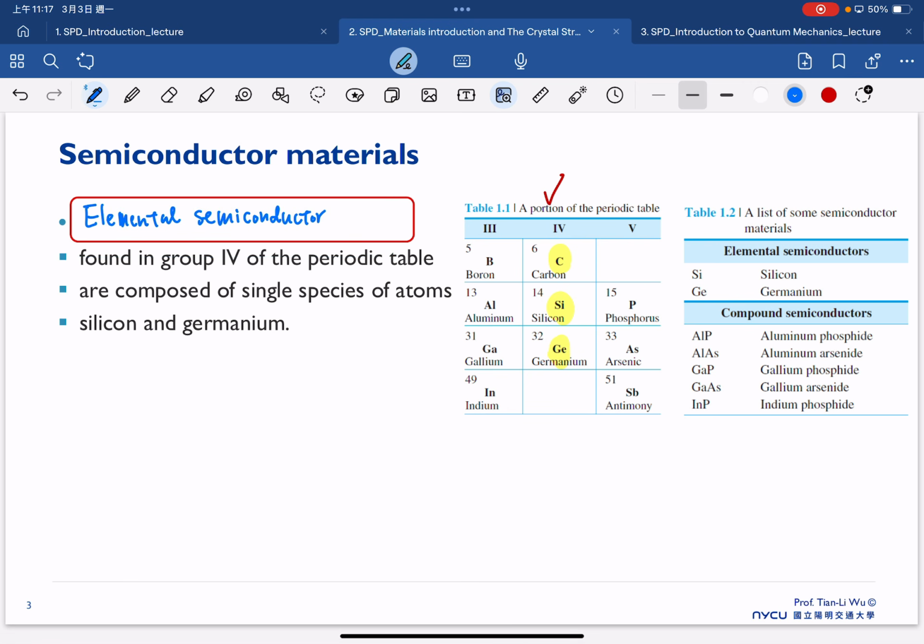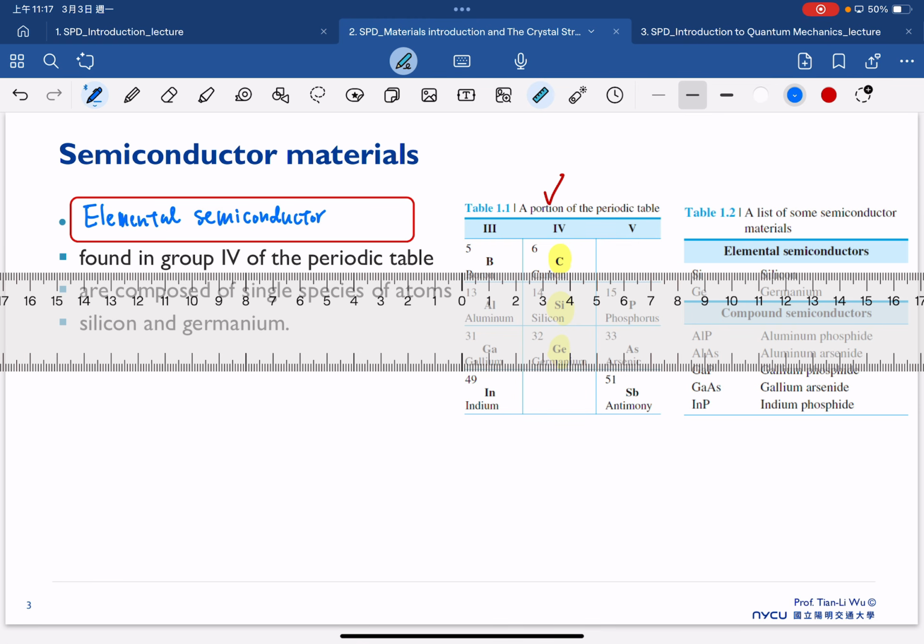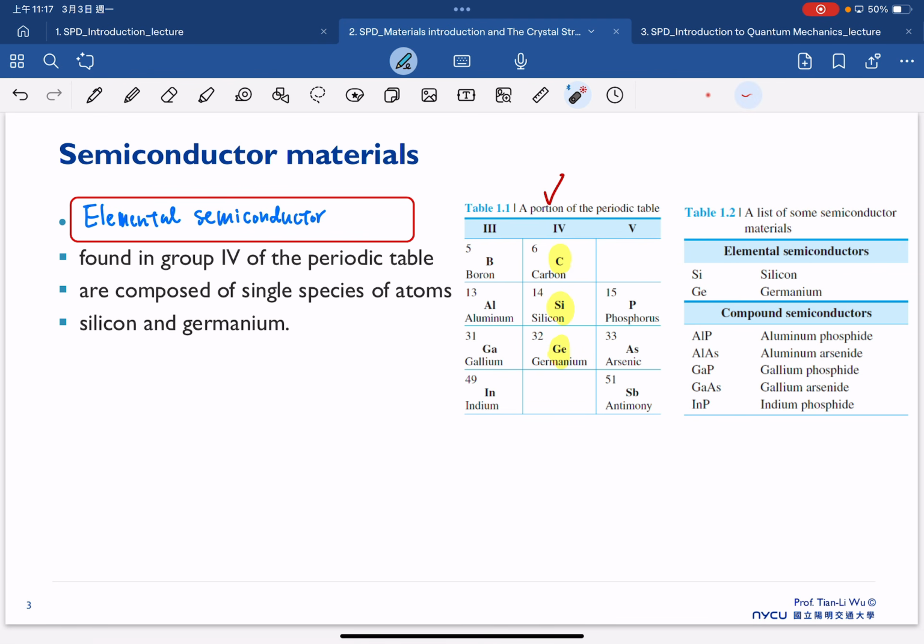An elemental semiconductor is a material that only has one single type of atom. For example, we have a semiconductor that is constructed with only silicon material. So we consider this an elemental semiconductor.